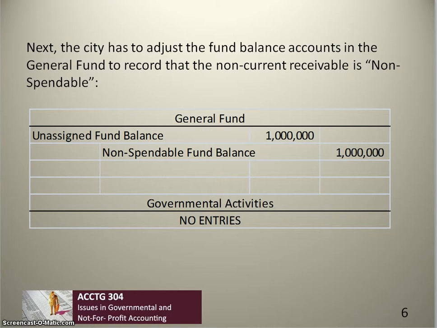So we adjust fund balance by debiting unassigned fund balance by $1 million, that is reducing unassigned fund balance, and crediting non-spendable fund balance by $1 million, that is increasing non-spendable fund balance by $1 million. Total fund balance has remained unchanged, but within total fund balance, we've reclassified $1 million from unassigned to non-spendable, and that indicates to the city that that portion of fund balance cannot be used for budgeting on a current basis.